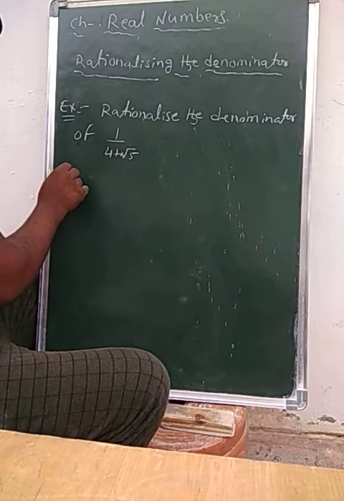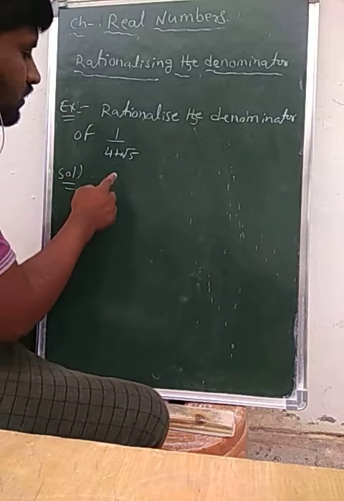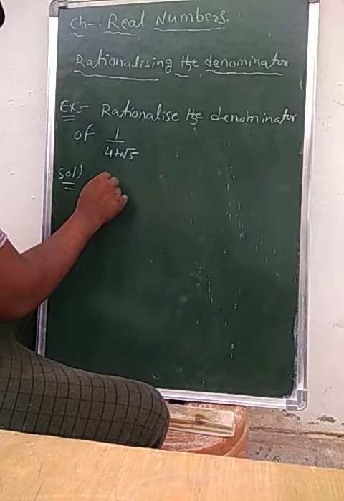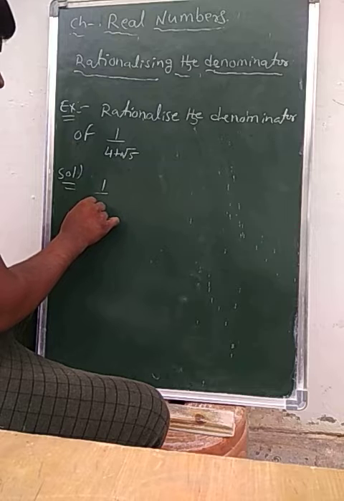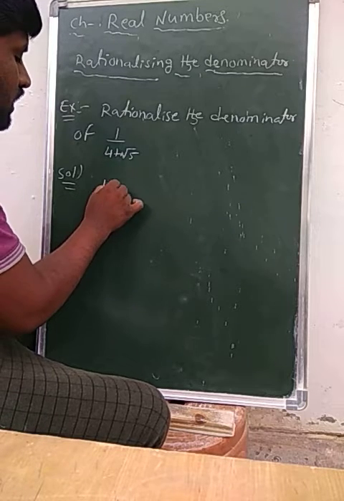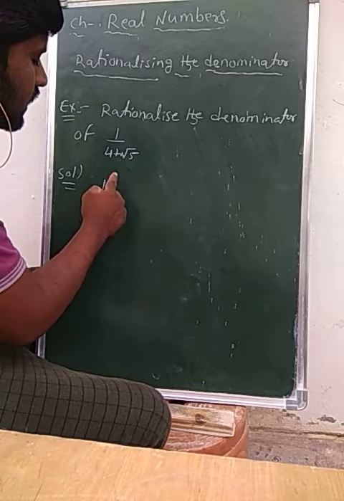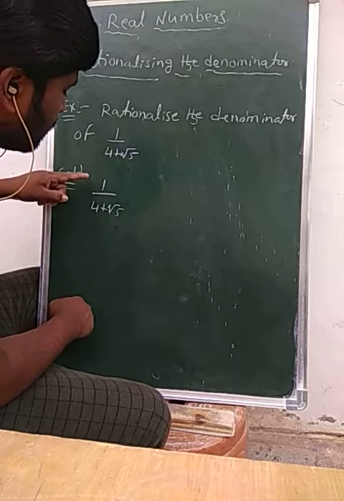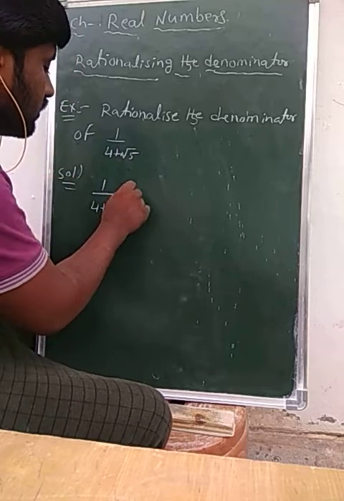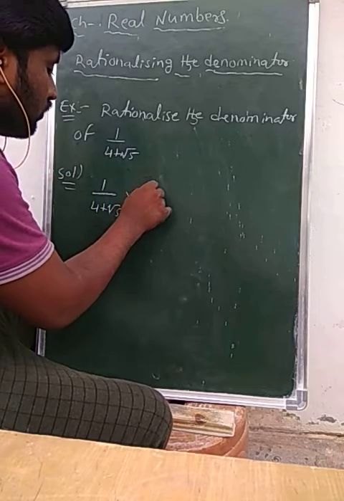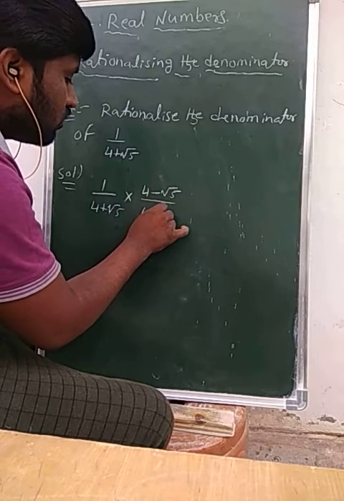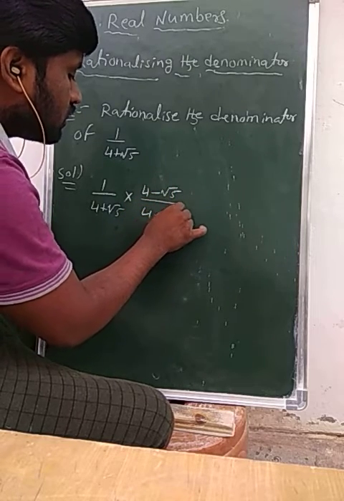Now see its solution. The given number is 1 by 4 plus root 5. Now you should multiply the numerator and denominator with 4 minus root 5 by 4 minus root 5.